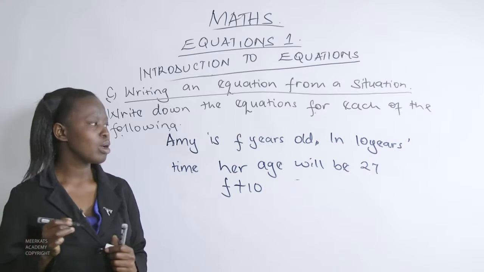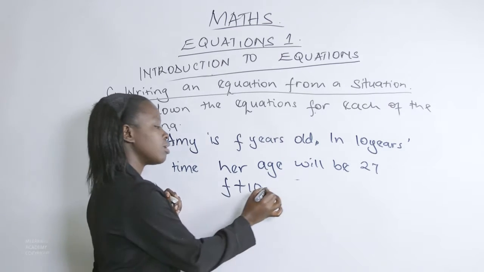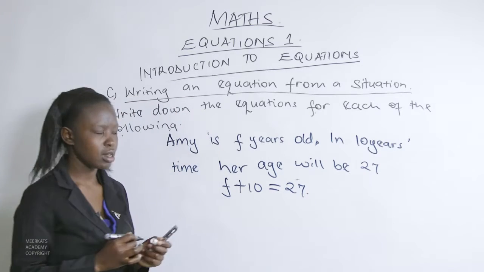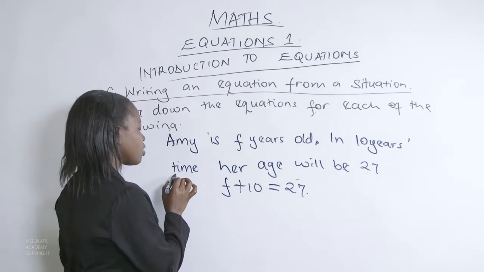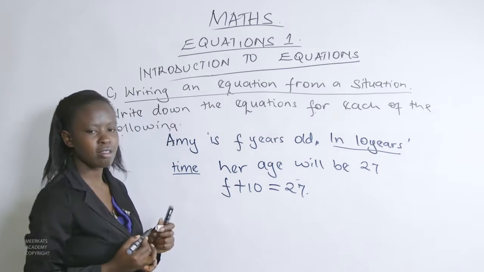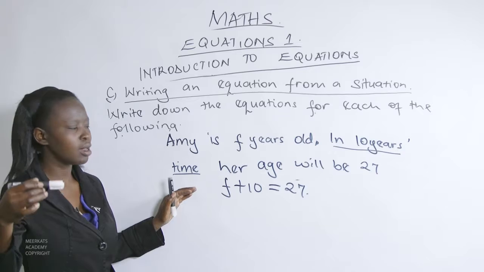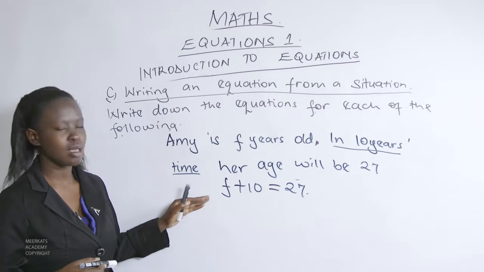Her age will be 27. So F plus 10 is equal to 27. The issue we are having here is that we've been told that this is in 10 years' time, so 10 years ahead, 10 years from this time.